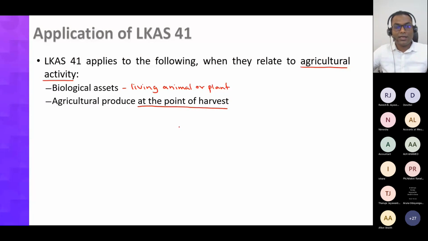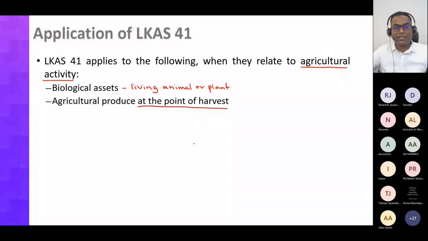When it comes to biological assets, you have two types of biological assets: bearer biological assets and consumable biological assets. So if I take an example, if you grow trees to take timber out of the tree, what you consume is the tree itself, then it would become a consumable biological asset, right?